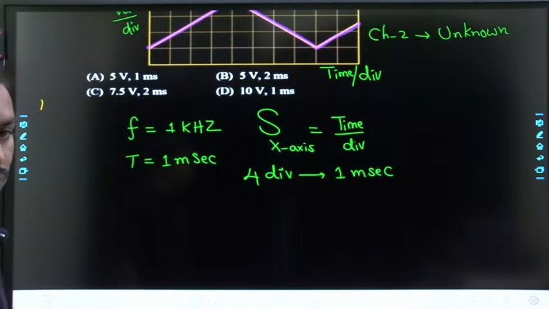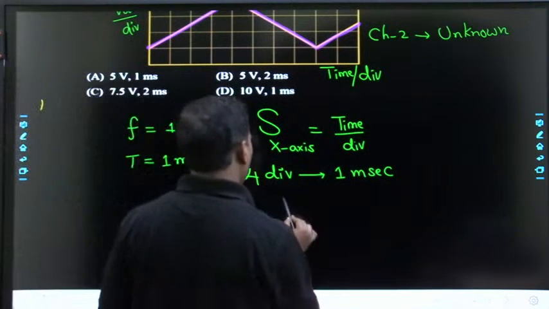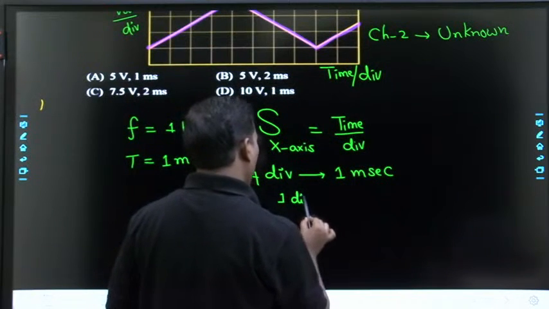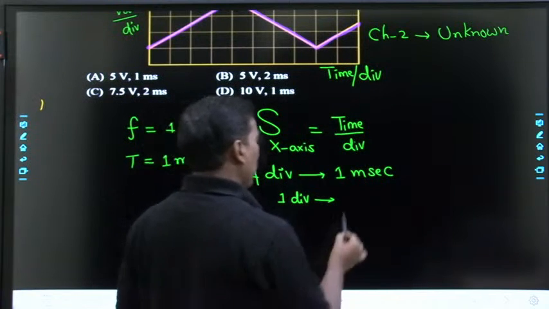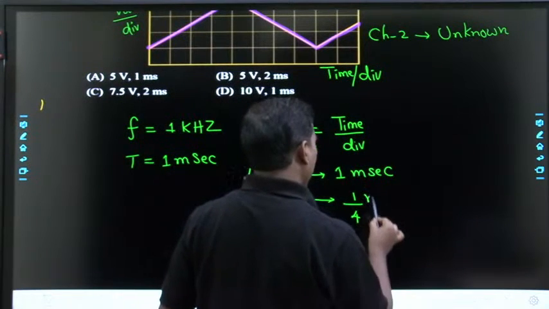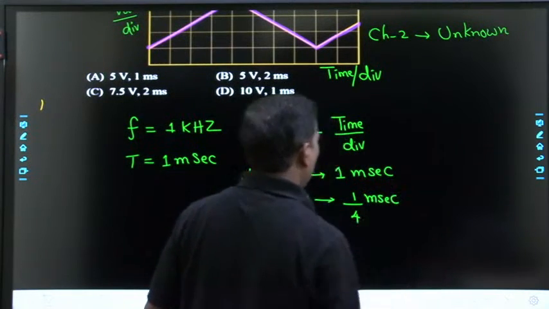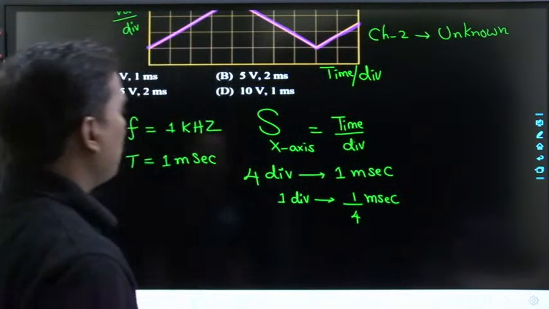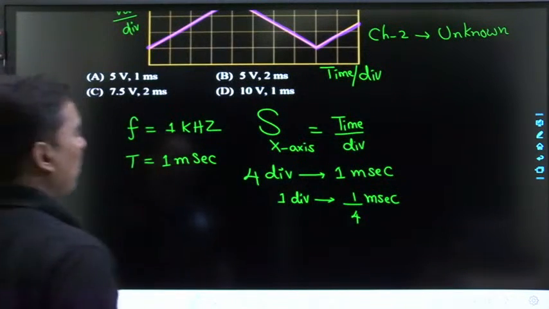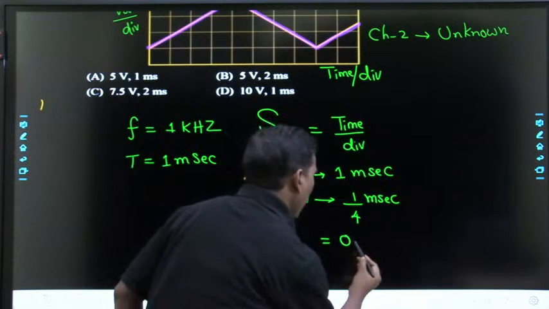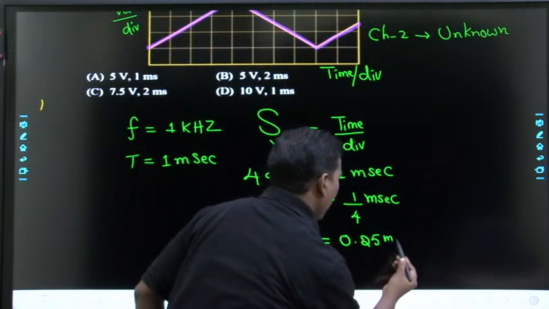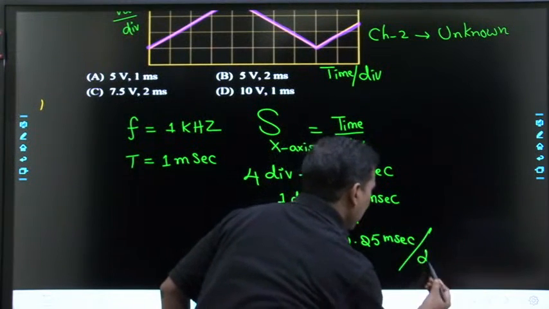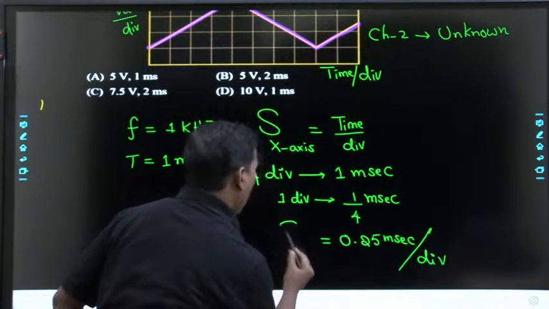So 1 division gives me how much? 1 by 4 milliseconds. So what is the time per division? 0.25 milliseconds per division. So that is the sensitivity along the x-axis.